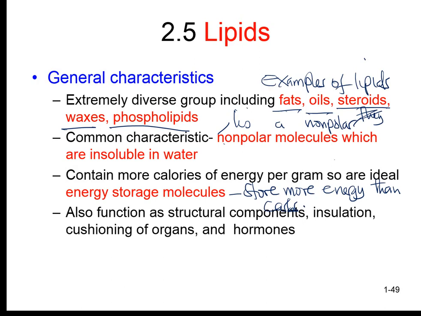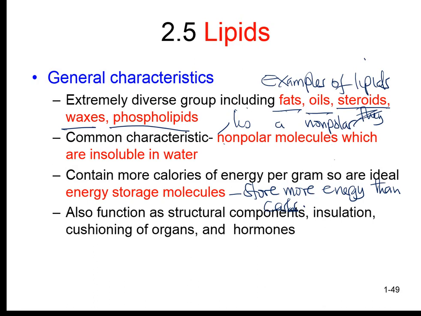You need a layer of fat that can insulate you from the cold. Also in the body, you need some layer of fat to cushion organs. Some fats also work as hormones.